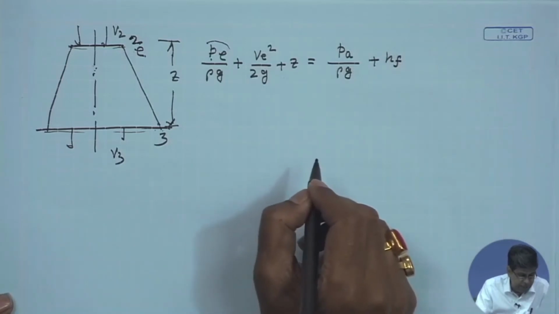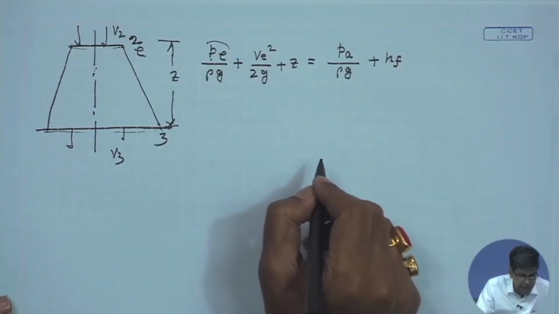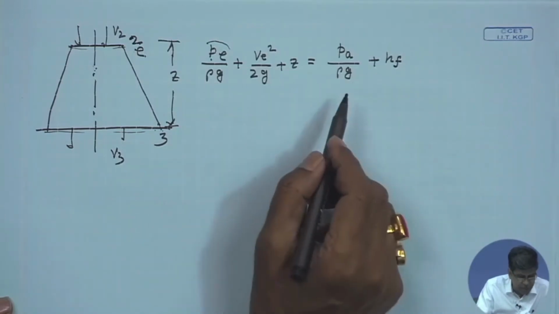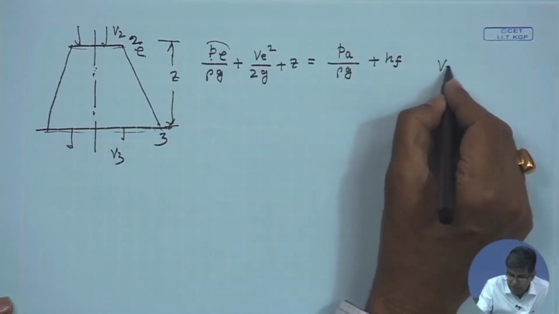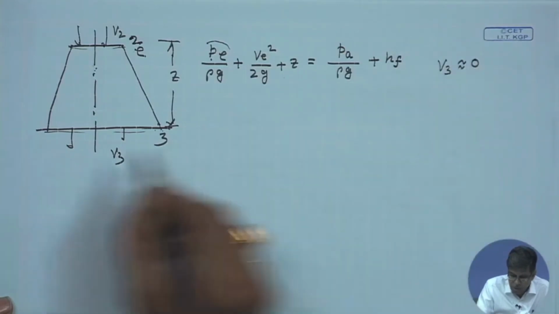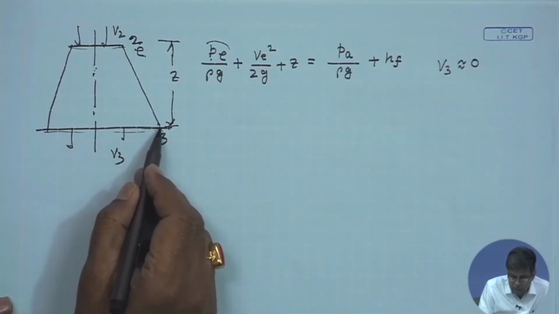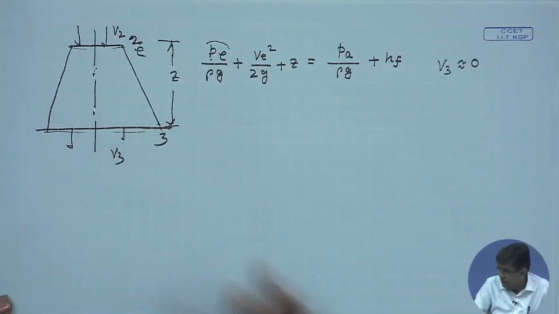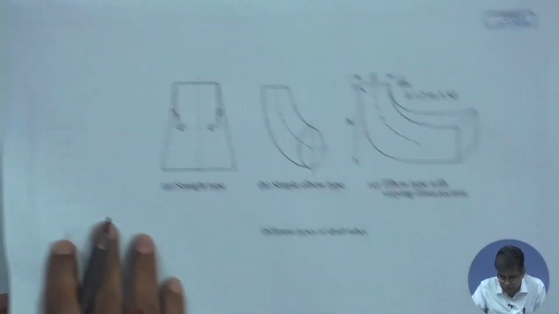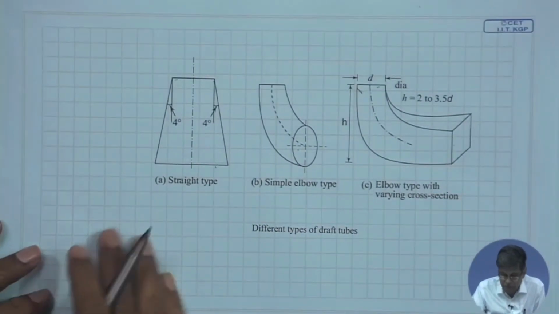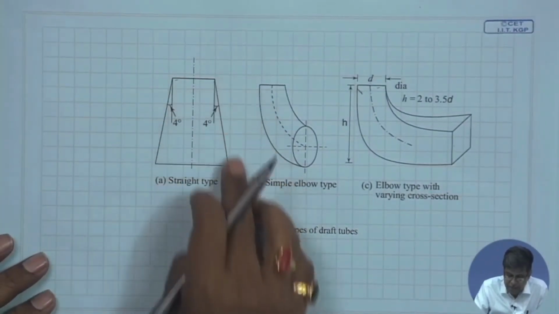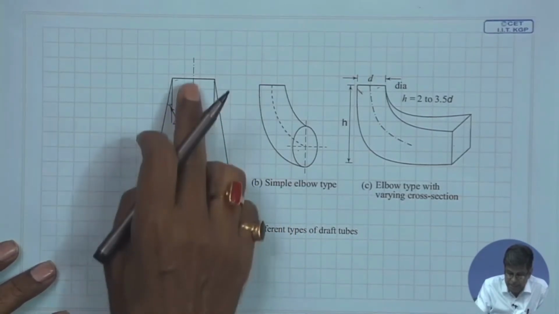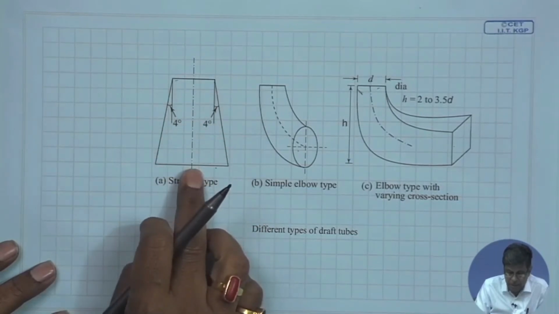If we write this equation in consideration of the fact that V3 is 0, that means, we consider the velocity at the outlet of the draft tube is negligibly small, draft tube area is very large. Here of course, one thing I have forgotten to tell you, that this is very important for designing any divergent passage, since the flow takes place with an adverse pressure gradient, that the pressure is increasing in the direction of the flow.